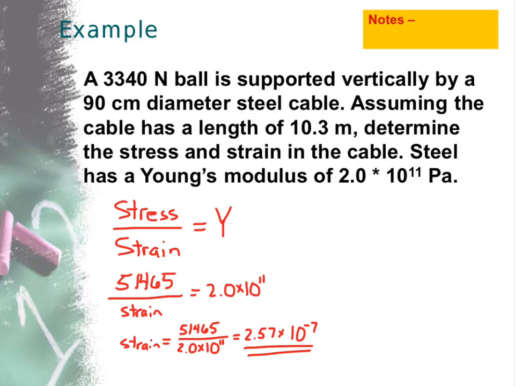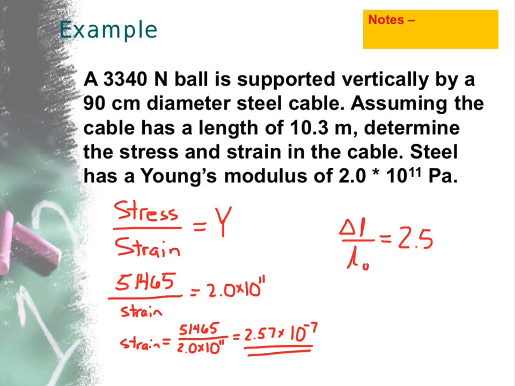Okay, so if I were just solving the problem, this is where I'd stop. But I do want to bring up a point: remember I said that these stresses and strains have to be pretty small. Well, that strain is really, really small, isn't it? It's 2.57 times 10 to the negative 7. So let's just see how much this big cable stretches by applying this particular force over the length of the cable.